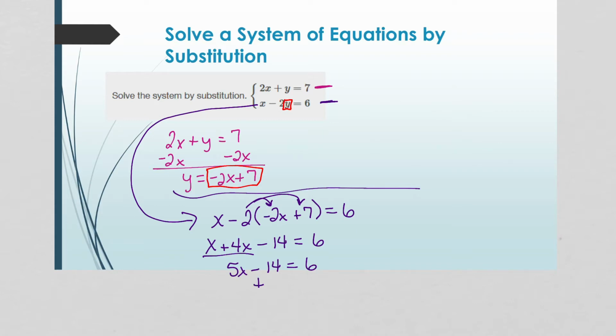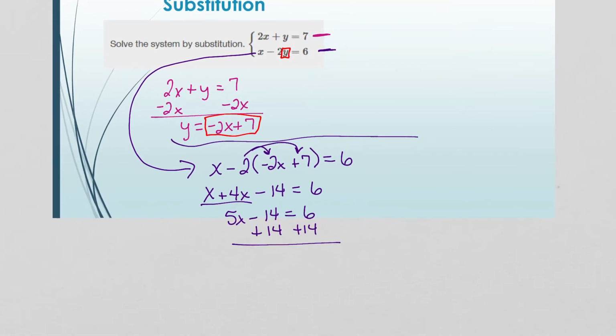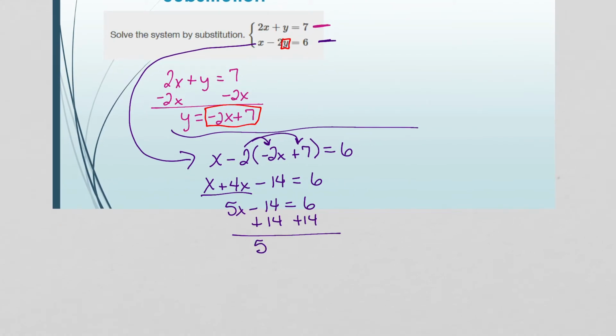I'm going to move my 14, and divide by 5. Check that out. X is 4. So we have half of our ordered pair here. Let's look for the other half.